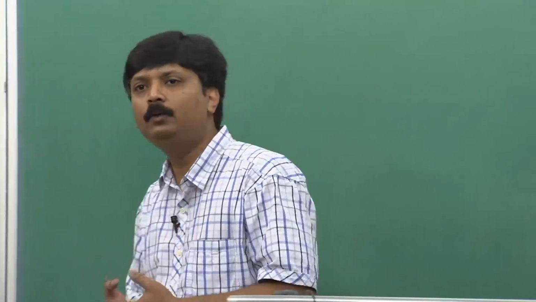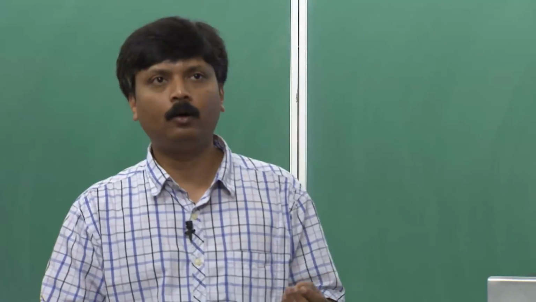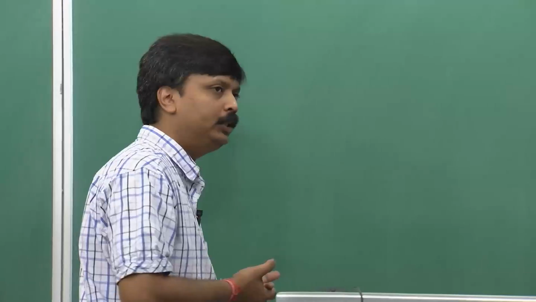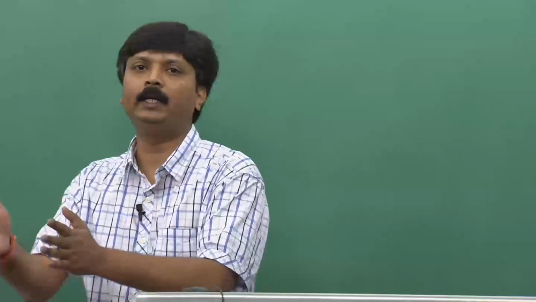So let's have a look at certain objects and try to see if we can say something about their symmetry. Do they seem to be symmetric to us, or we don't find any symmetry in those structures, or we can say this is more symmetric than the other.